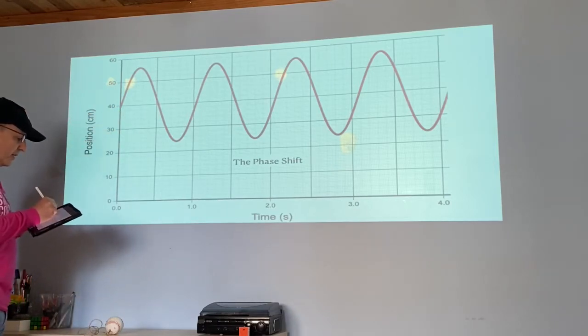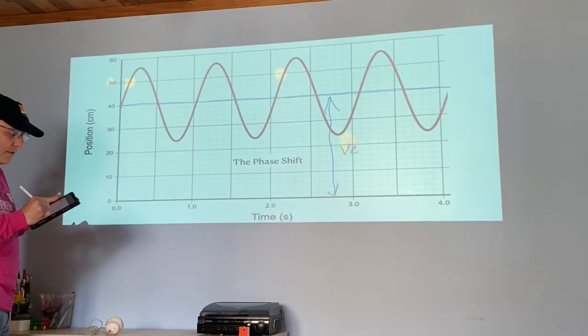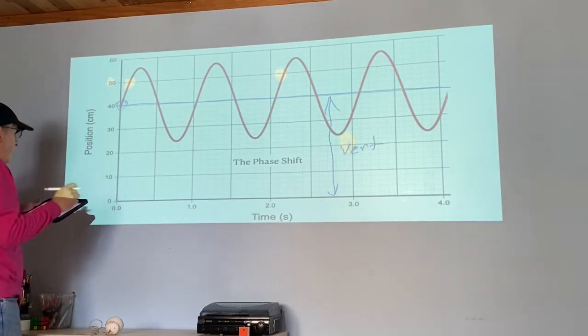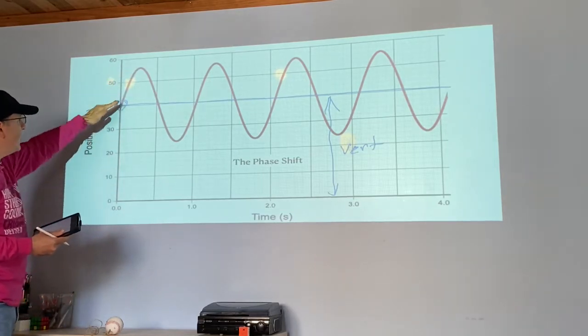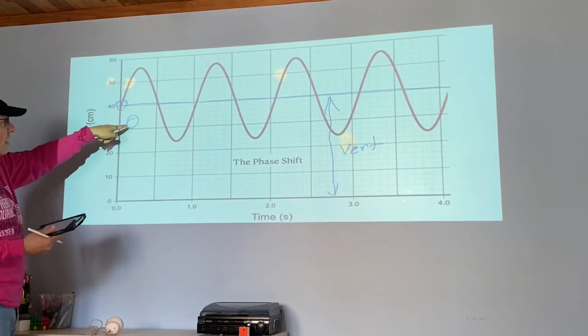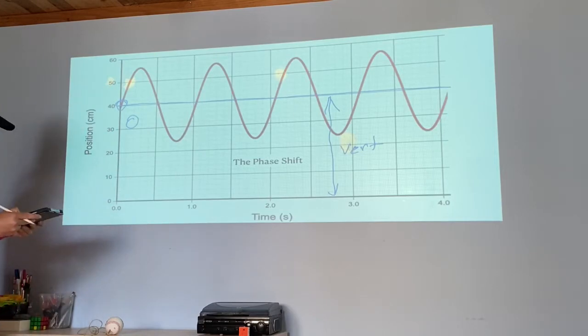A perfect sine curve is one where you draw that horizontal bisector that we just talked about, the vertical shift, and then the sine curve starts right on that vertical shift heading toward higher numbers. That is a perfect sine curve, and that is a shift of 0. That is no phase shift.